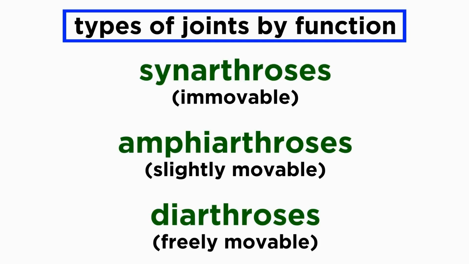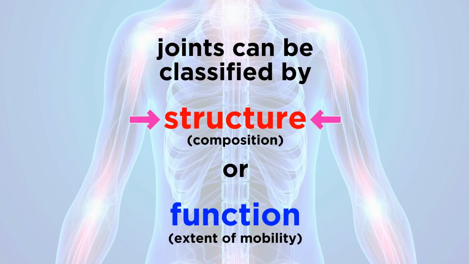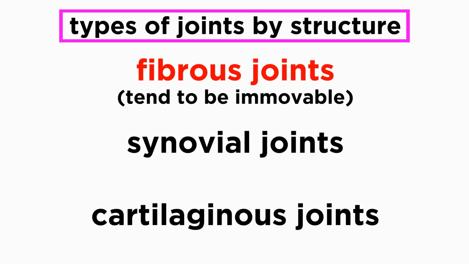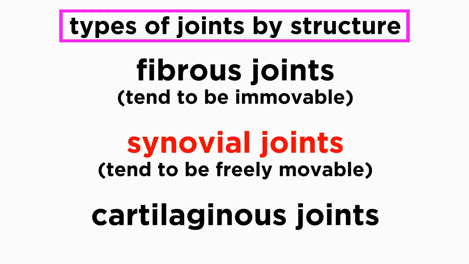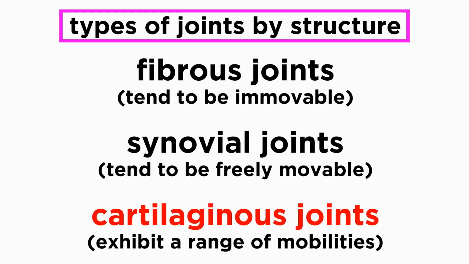These each serve their own particular purpose within the skeletal system. Then, if going by structure, we can discuss fibrous joints, which tend to be immovable, synovial joints, which tend to be freely movable, and cartilaginous joints, which exhibit a range of mobilities.